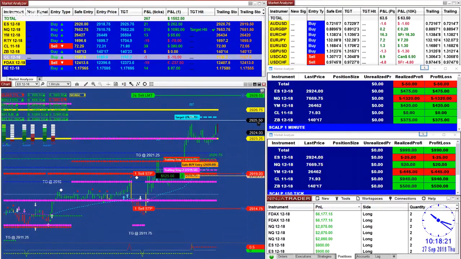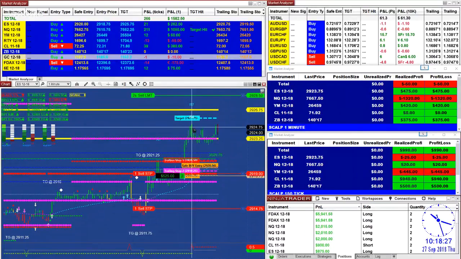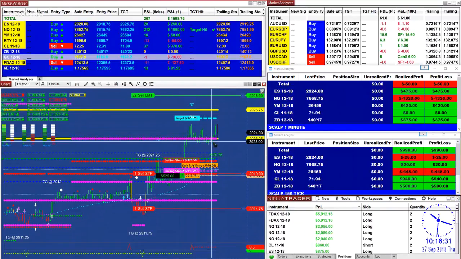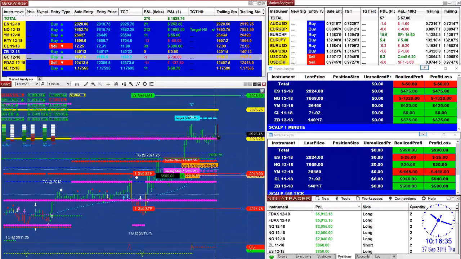You see how this ES is going back and forth, and every time this market tries to get up, it goes back down. That is very unpleasant for a guy who is trading. The minute he takes a trade, this market goes against him. Then he takes another trade, and then the market does it again.